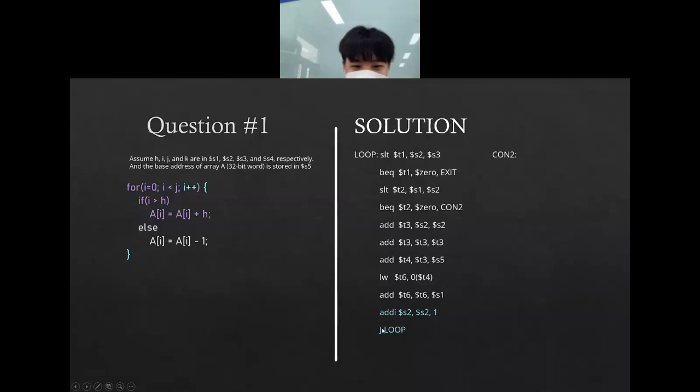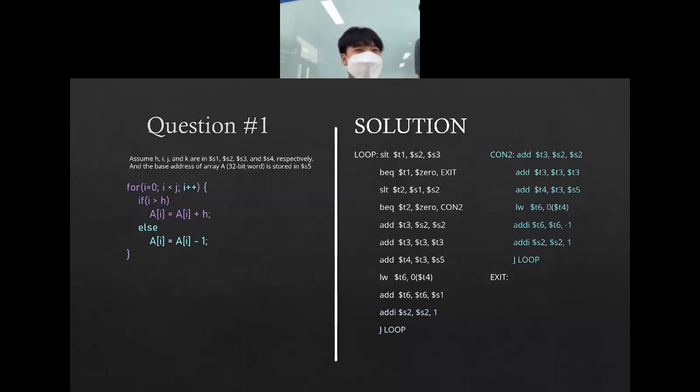Okay, where did we get to? Yeah, the blue line. When we finished the first if, we'll add 1 to the I and then jump to the loop again, because we finished the if condition, the first condition.